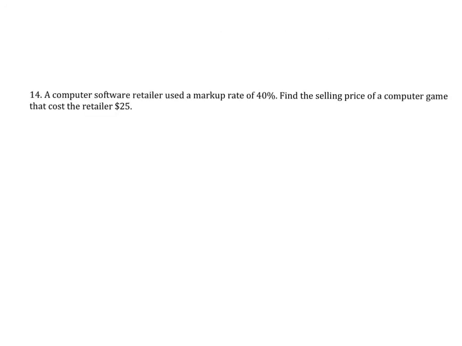Number 14, a computer software retailer used a markup rate of 40%. Find the sale price of a computer that costs the retailer $25. So it's a markup of 40%. So we're going to have to do 25 times 40%.